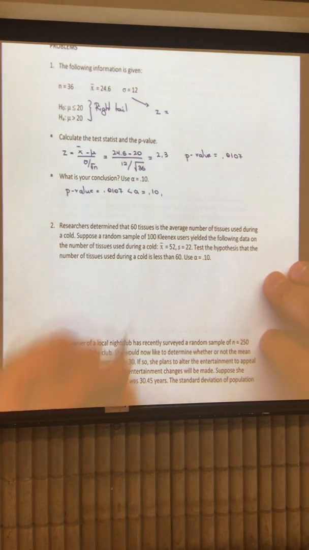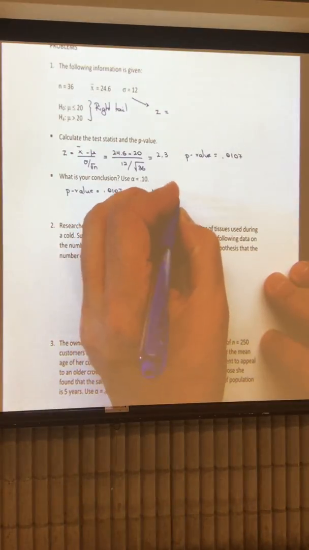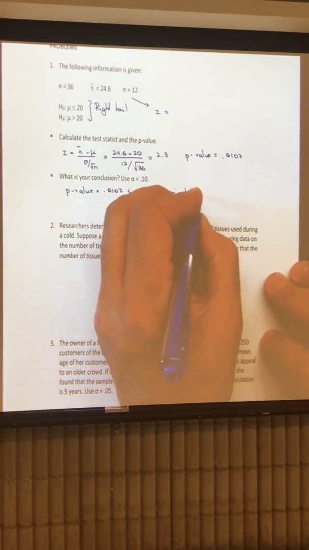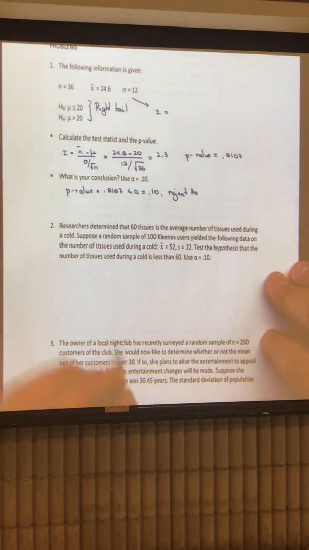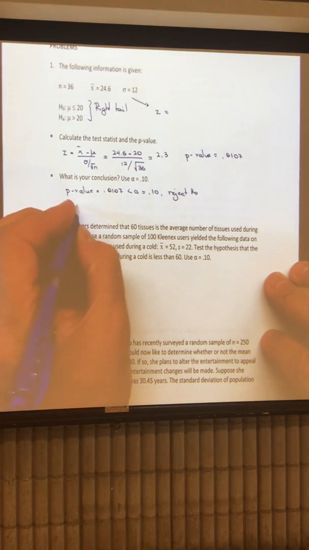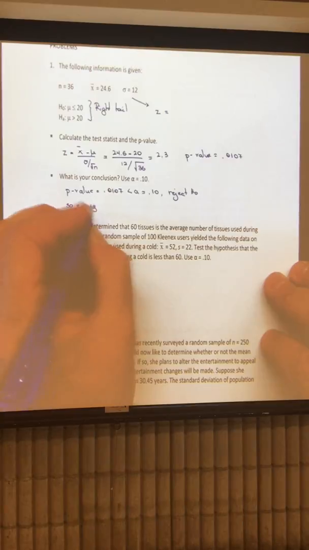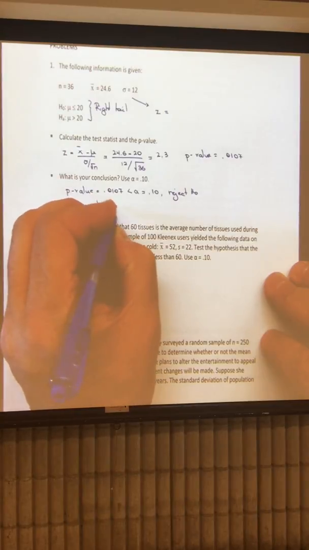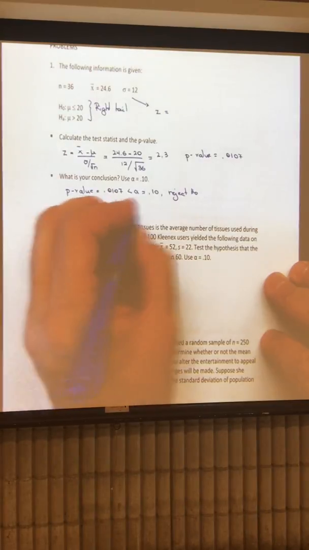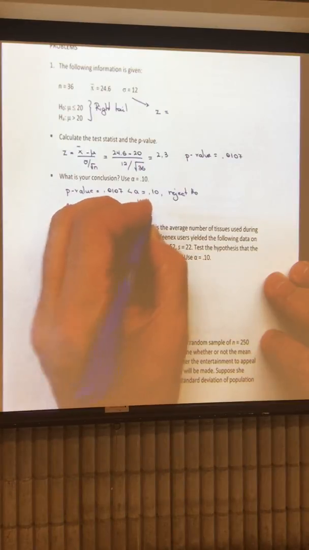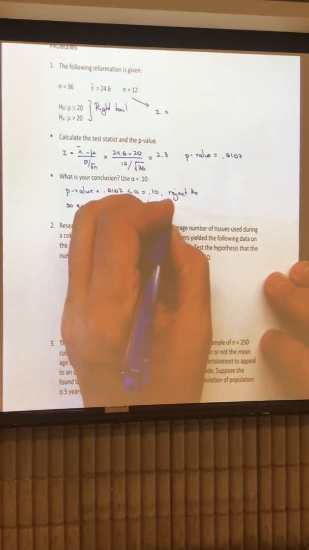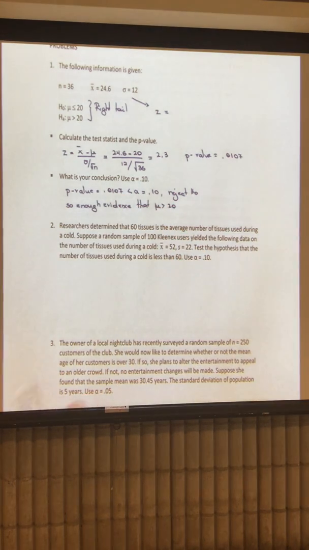So in this case, you reject the null hypothesis. So you have enough evidence that the mean is greater than 20, that mu is greater than 20. So this is the solution for problem 1. We start with the hypothesis, which is given, then we continue with the z-score and the p-value, and then the last step is the conclusion.